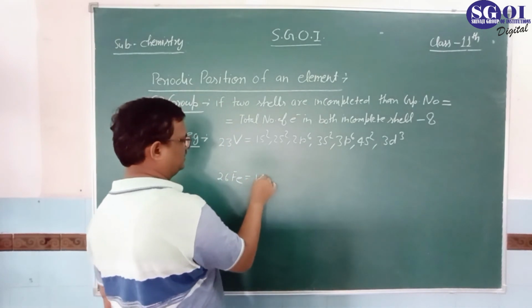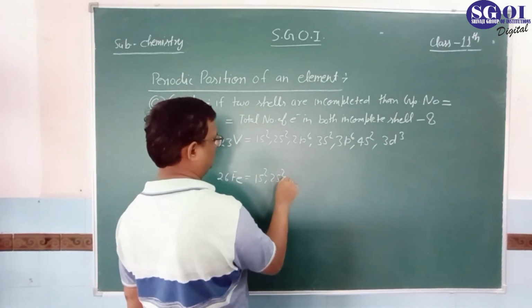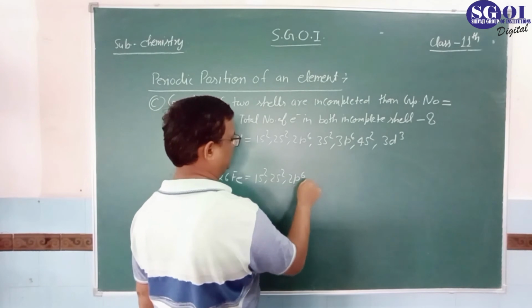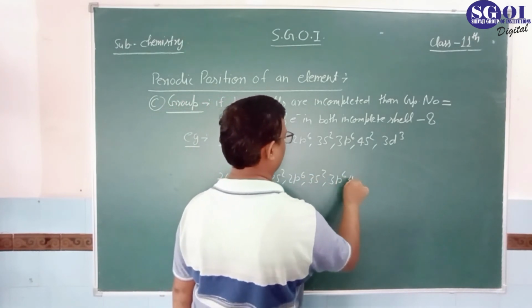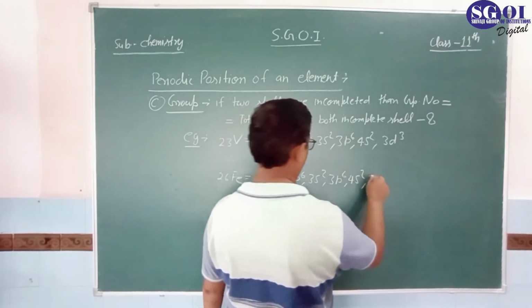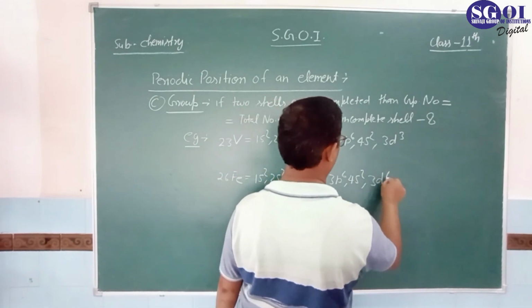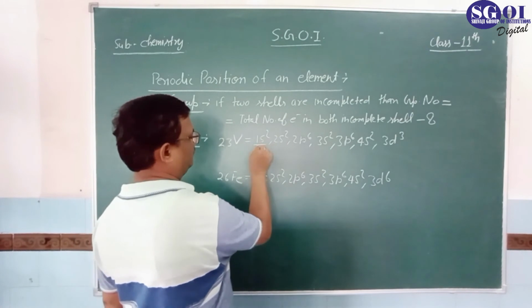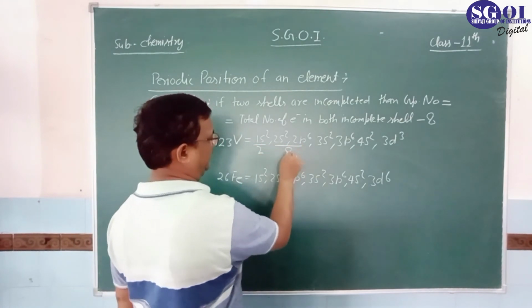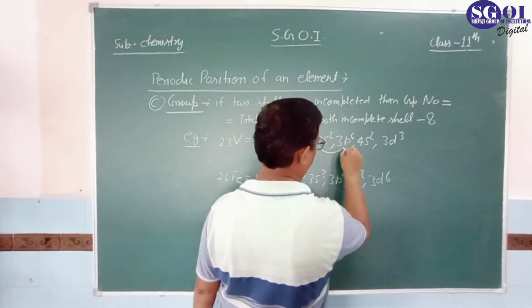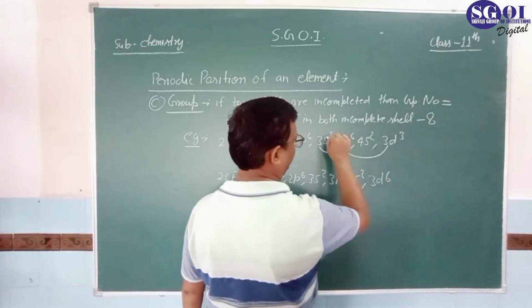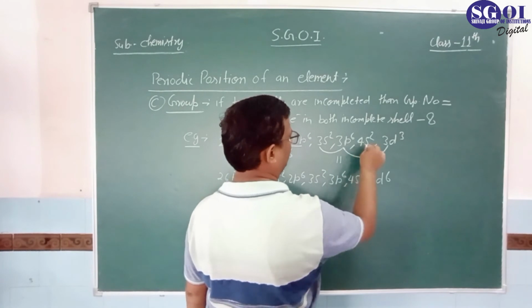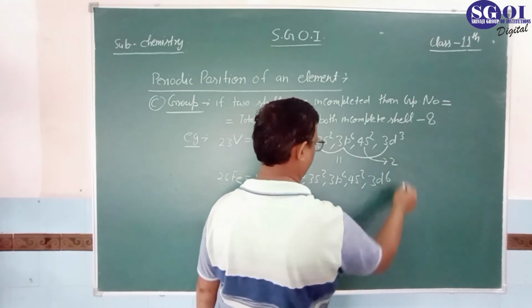And for this one, 1s2, 2s2, 2p6, 3s2, 3p6, 4s2, 3d6. Here 2, 8, and the third shell contains 2 plus 6 plus 3, 8 plus 3, 11, and the fourth shell contains 2.